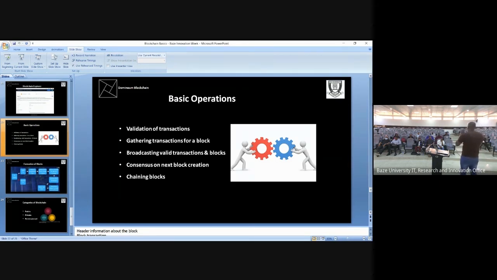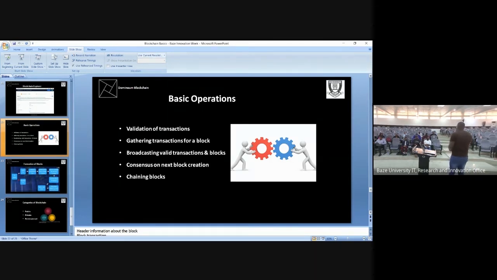Whoever solves that problem first and gets it right says, hey, I got it, I have the right to form a block. Because you are the first person to solve the problem, you go ahead and form the block. So it is that node that will form the block, then broadcast it on the network. In compensation for forming the block, it is paid a fee. And that's what we call the mining fee.